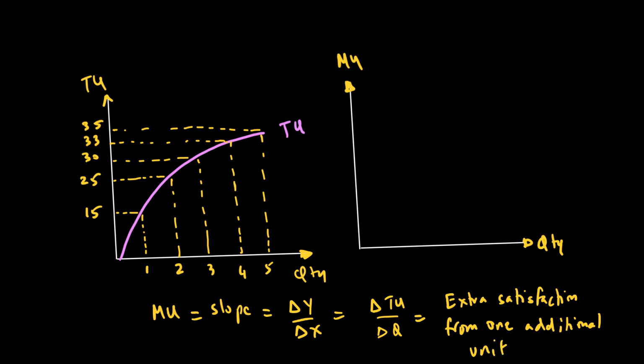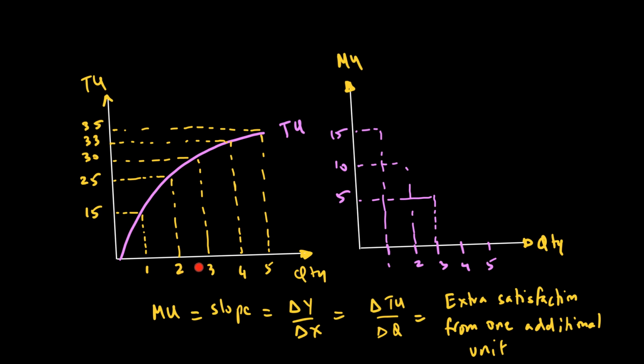So for the extra satisfaction from one additional unit, for example, for the first cup of tea is like 15. So if I put the first cup of tea 1, and then 2, and then 3, and then 4, and then 5. For the first, I get, for example, 15. For the second, I get, for example, 10. For the third, I get 5.